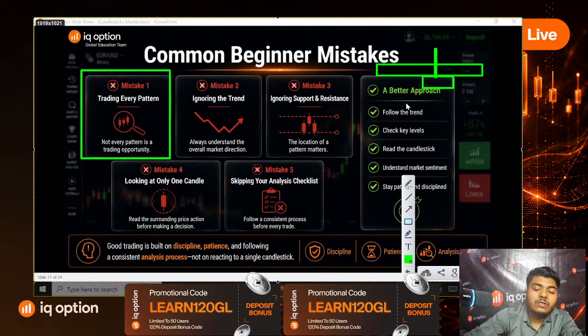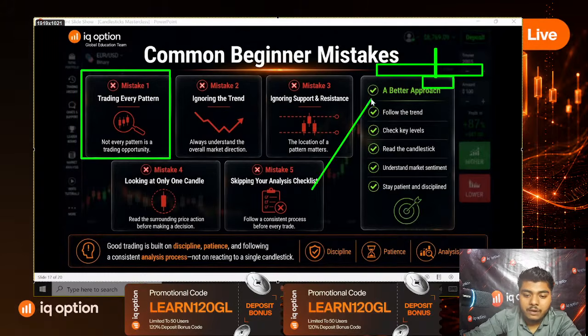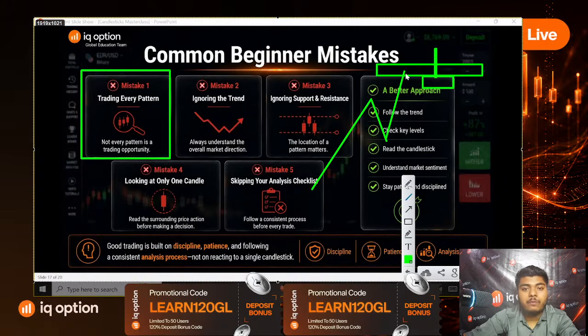You just cannot simply trade on it without knowing the proper market direction, without knowing the proper market structure. It's a good setup, it's a good confirmation, but you just cannot simply trade on it.